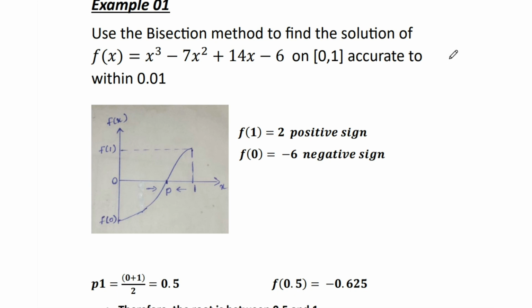For x = 1, f(1) is positive 2, and for x = 0, f(0) is −6. Therefore, the function values have opposite signs, so we can continue finding the root using the bisection method. Firstly, we find the midpoint between 0 and 1.